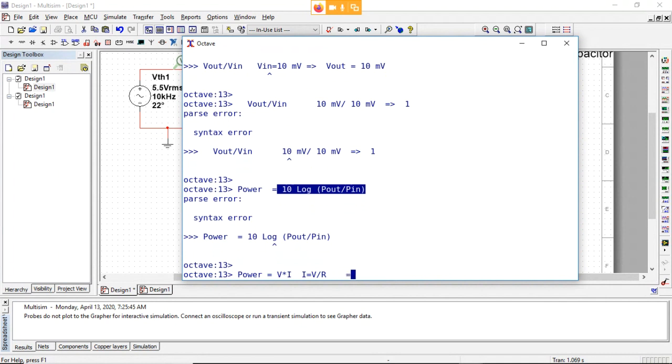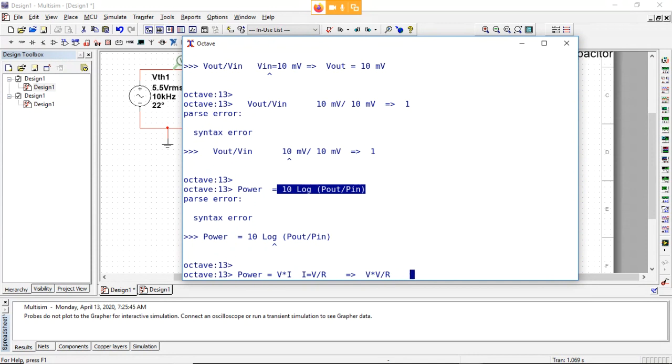And so therefore power is voltage times voltage divided by resistance. Assuming that the resistance for output and input is just 1, to make life simple, we have V times V, or V squared.